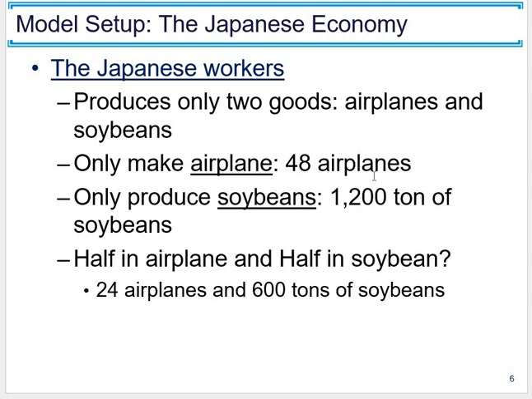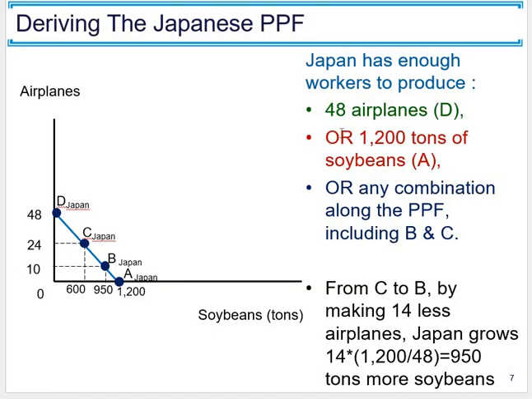Now let's also consider, what if we put half of the workers in airplane production and the other half on soybean growing? Then instead of 48, half of the workers will produce 24 airplanes, and the other half will produce exactly 600 tons of soybeans. We can also plot these points on a Japanese PPF.